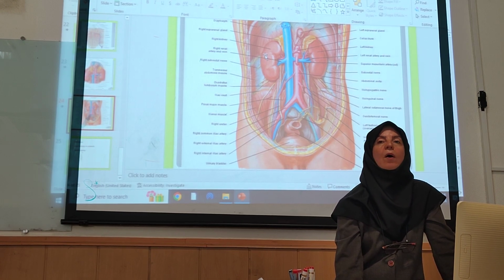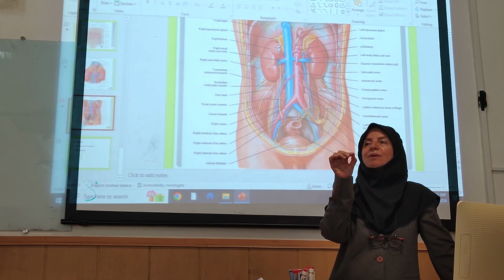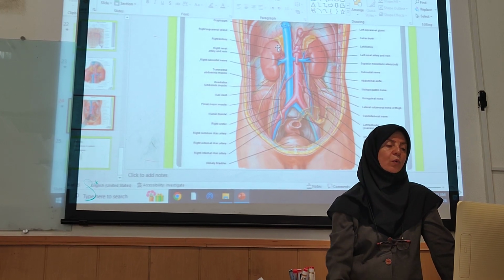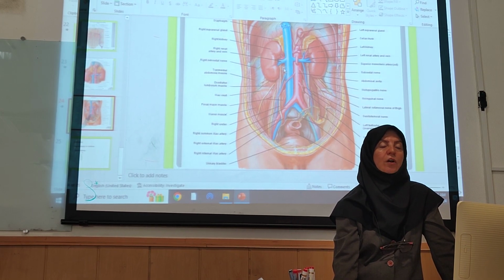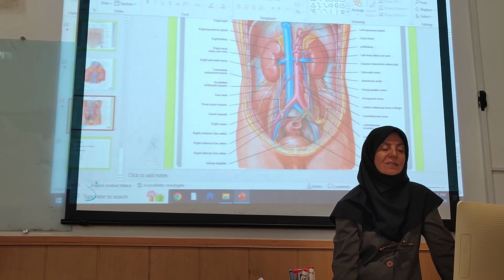It's a narrow part of the ureter. If a stone comes here, it is possible to stop here because of the narrowing of the lumen at the junction of the pelvis and the ureter. If the stone passes through this narrow part, it is possible to come and stop here.